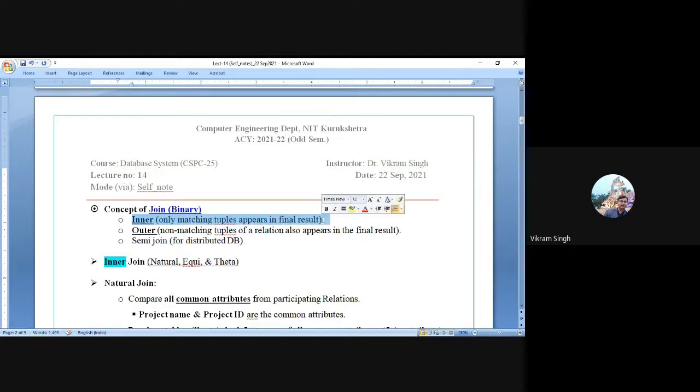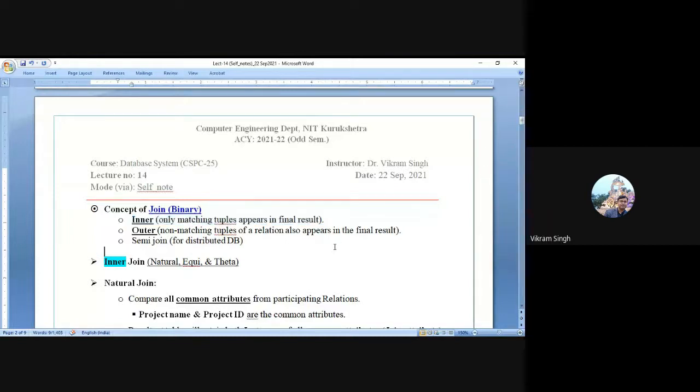So by using inner join, we will be able to select, filter, and find the tuples which have some matching criteria, some matching attributes, some matching condition.